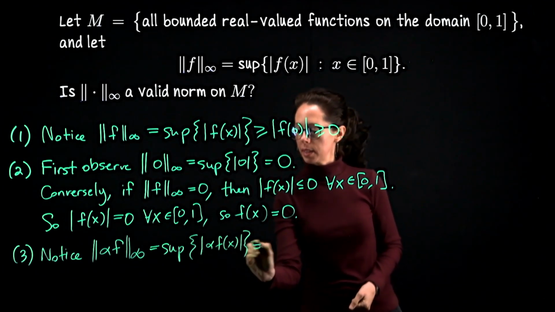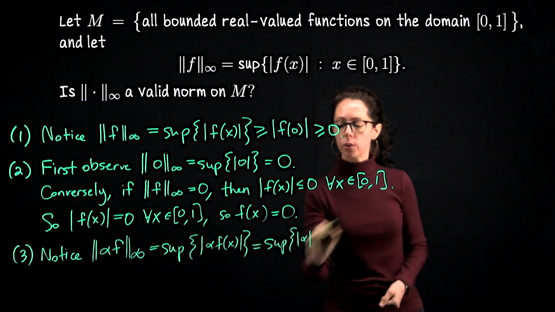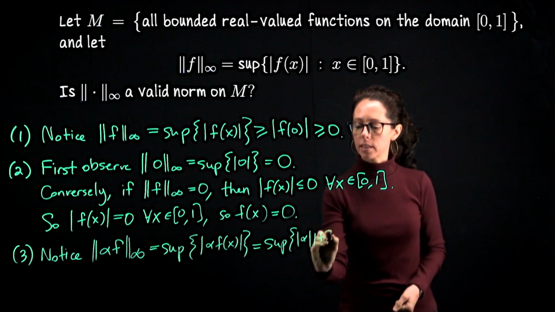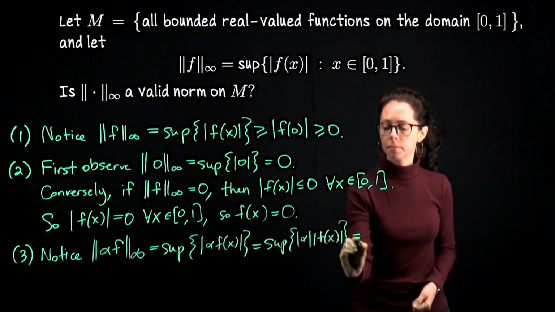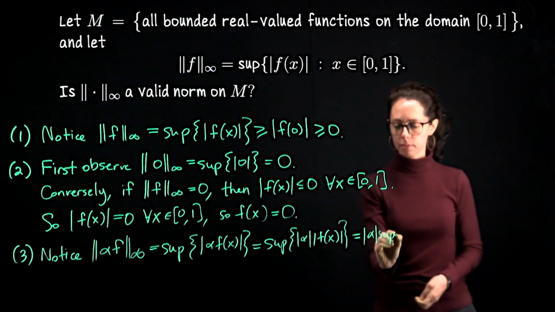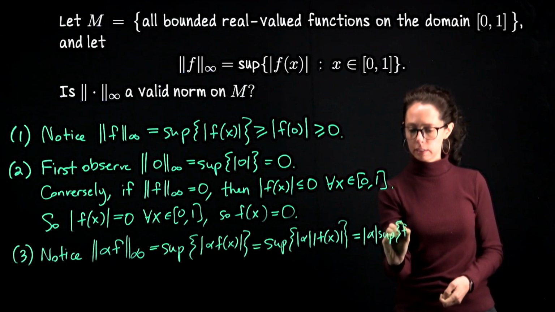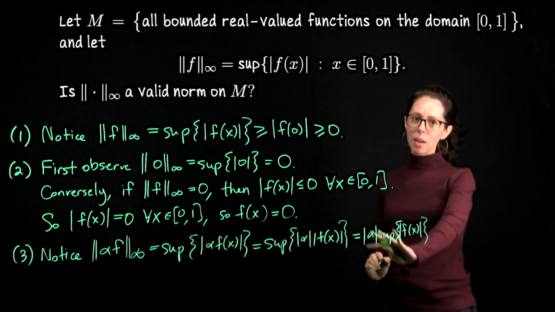But that's going to be the same thing as the supremum of the constant number absolute value of alpha times the size of f of x for all x in the domain, and then this comes out. Sorry, absolute value of f of x. There we go.